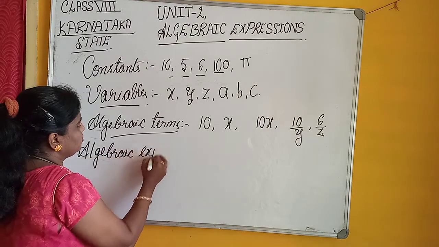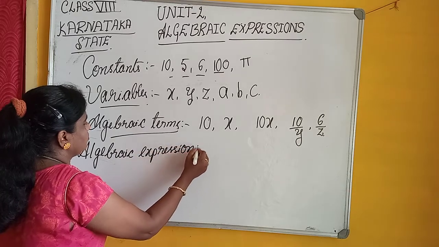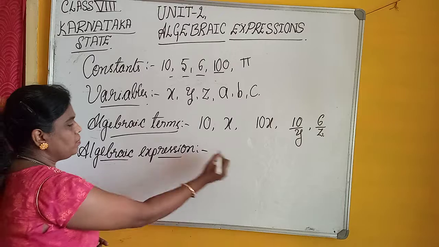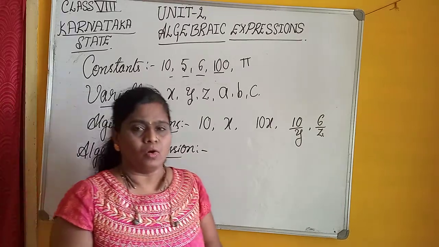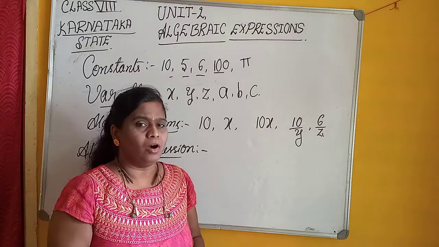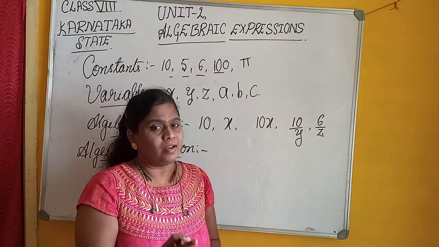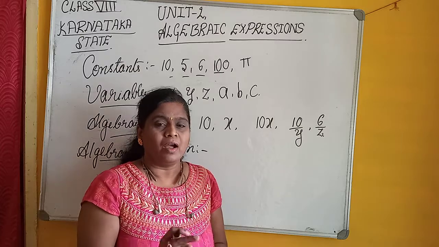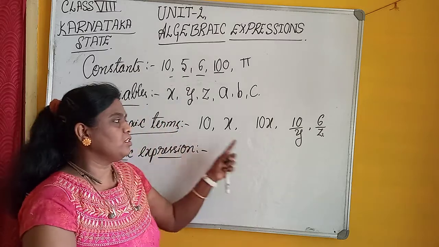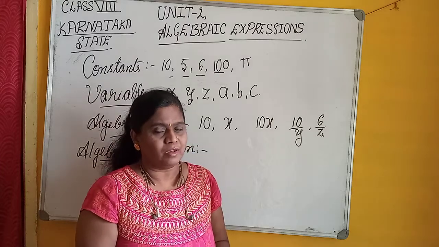Next, what is an algebraic expression? An algebraic expression may be an algebraic term, any one of these, or a combination of algebraic terms under addition or subtraction, and a combination of algebraic terms under multiplication or division. Understood?